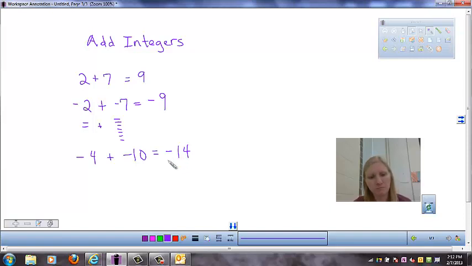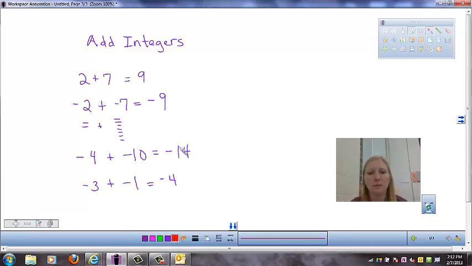Okay? So that's kind of the easiest integers to add, when they're both negative. So if they're both negative, negative 3 plus negative 1, you say, well, 3 plus 1 is 4, and they're both negative, so negative 4. That's the easy way to add integers, if they're both negative or both positive.